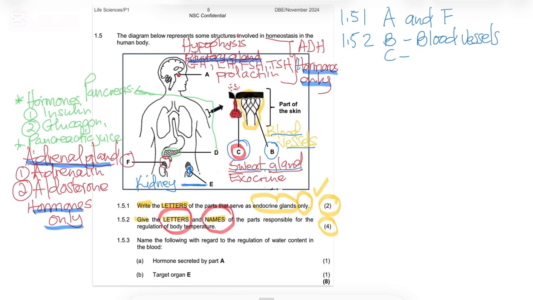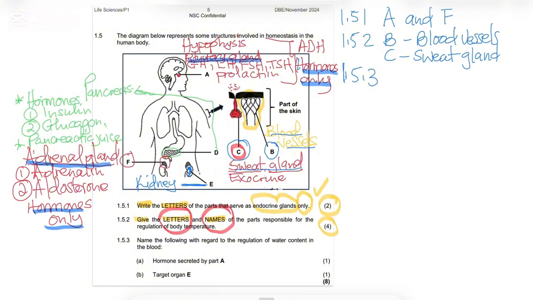And then we also have part C, which is representing the sweat gland. All right, then we move on to question 1.5.3, which is the last question.